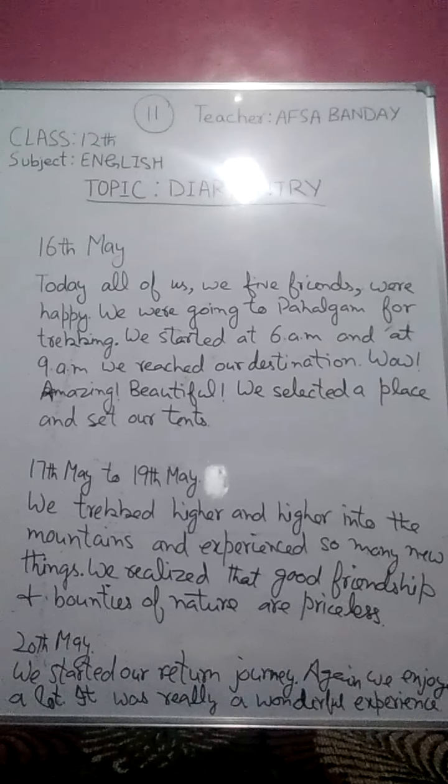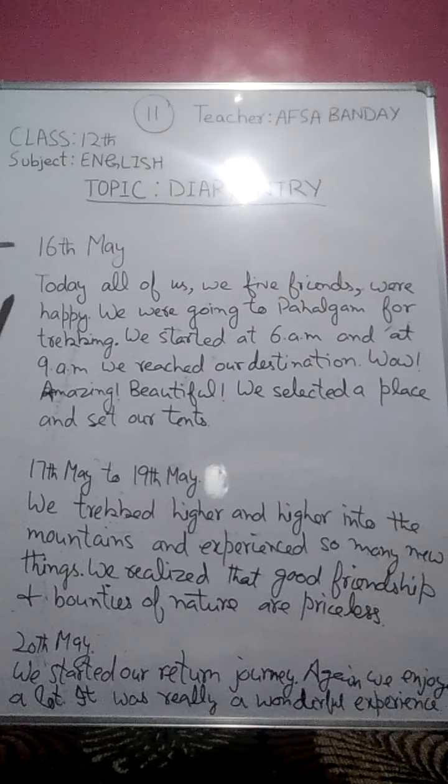Now let us have a look at another example. Suppose you have to write a diary entry in which you have to share your experience of trekking for 5 days. That means you have to divide your experience into different dates.